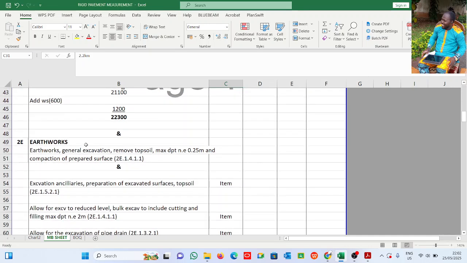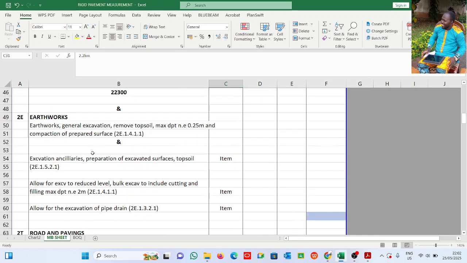And then the earthworks, of course there might be some cutting and some fillings. So this is what we have here in the earthwork. Earthwork is in section 2E of the BESMM 4R. That is the civil engineering measurement aspect of it, towards the end of the BESMM 4R.